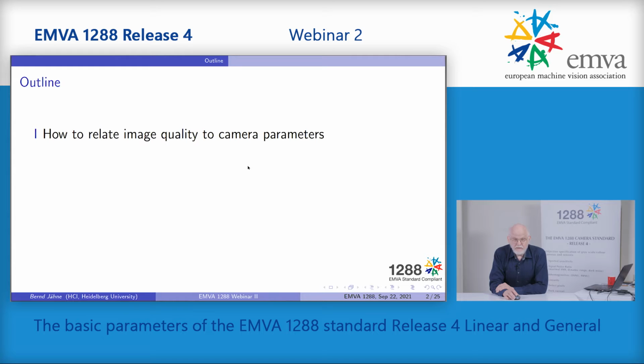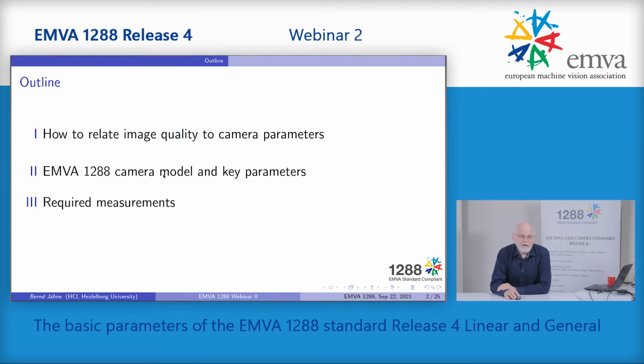So I will now basically go this decisive step from something like image quality, which we discussed more qualitatively, to really solid and usable parameters. That will be the basic thing. In order to do so, it is useful to think about a camera as a kind of model. And the EMVA 1288 model is surprisingly simple.